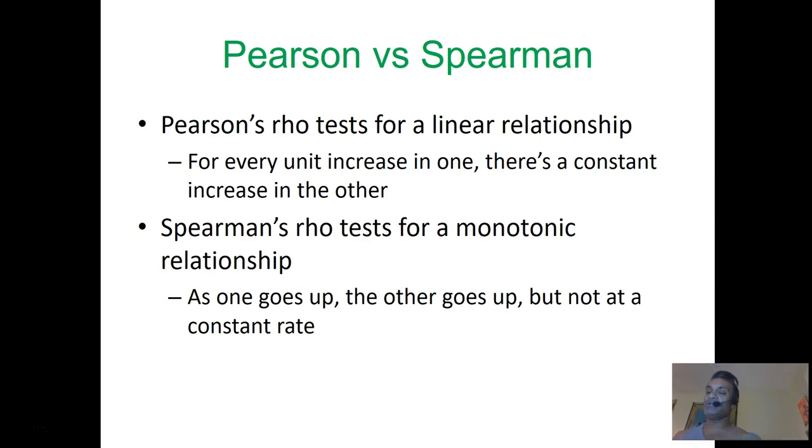A monotonic relationship says as one goes up, the other goes up, but not at the same amount necessarily. It can go up a little bit, next one goes up a lot, next one goes up a little bit again. So it's always going up. Whereas Pearson tests for linearity, Spearman's tests for it's going up.